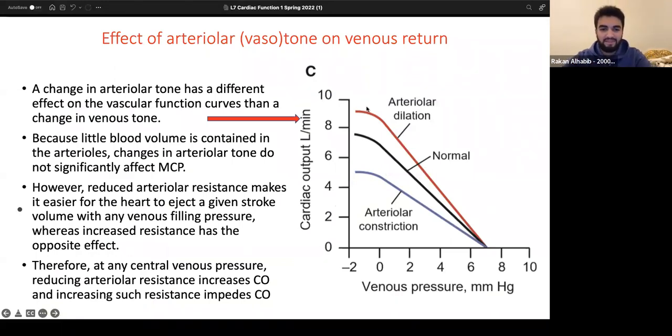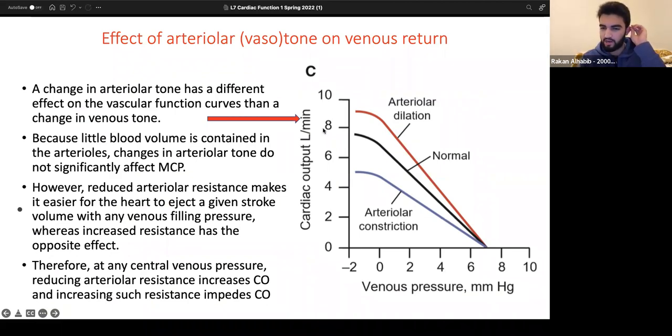Now, the effect of arteriolar vasotone on venous return. A change in arteriolar tone has a different effect on the vascular function curves than a change in venous tone.